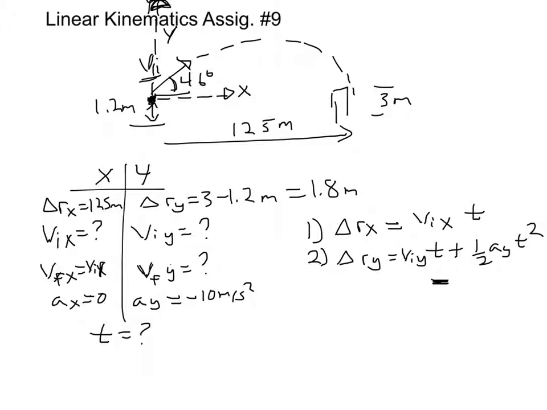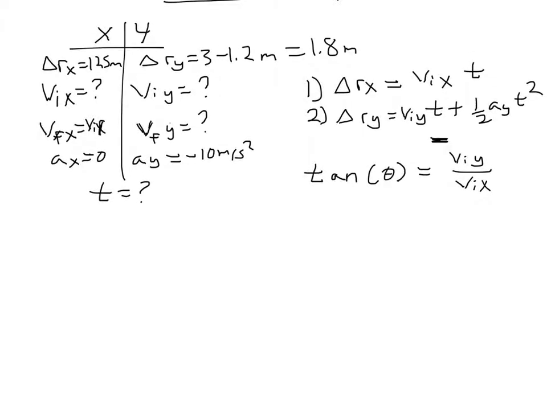But what we can do is use information about the takeoff angle, namely that the tangent of the angle, tangent of theta, which is equal to 46 degrees, is equal to the ratio of the vertical velocity over the horizontal velocity. And now we'll rearrange equation 1 and solve for the horizontal velocity in the x direction.